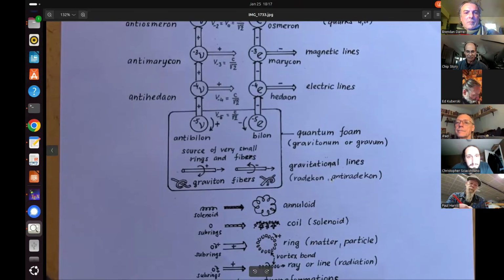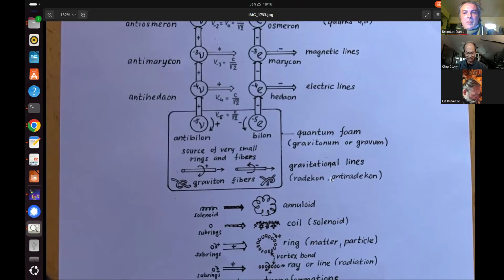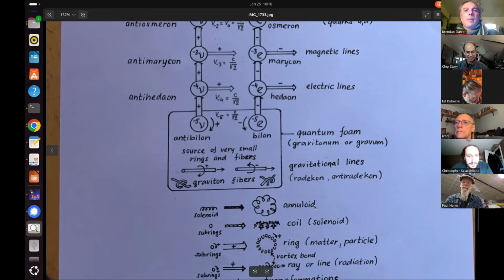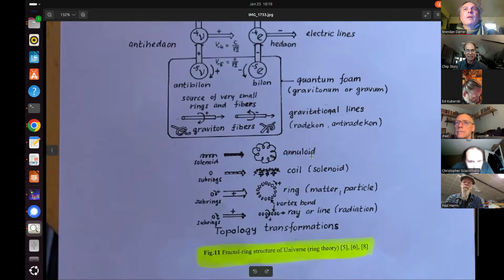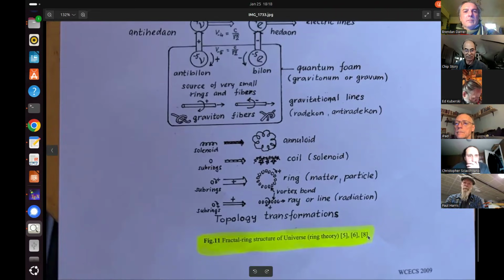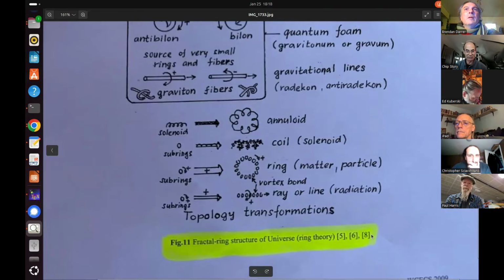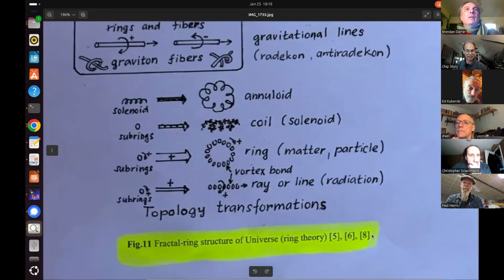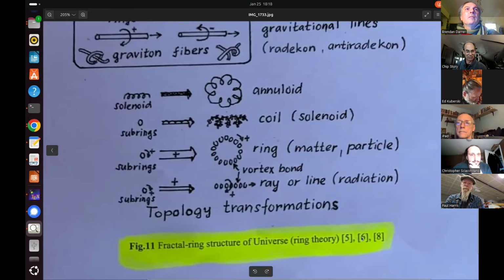Gravitational lines. There's a whole PhD dissertation on that one page right there. A solenoid is equivalent to an annuloid. Is that what he's showing here? Yes, and obviously the annuloid is three-dimensional spatial. Subrings, coils, solenoid.